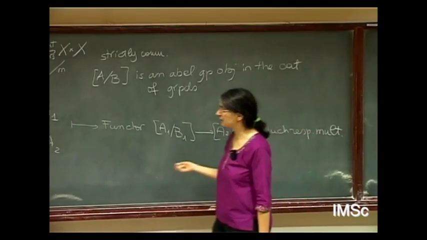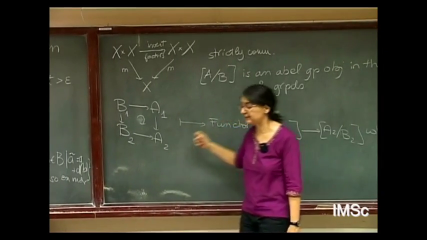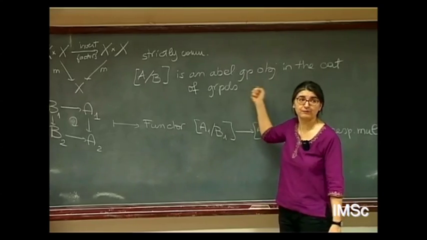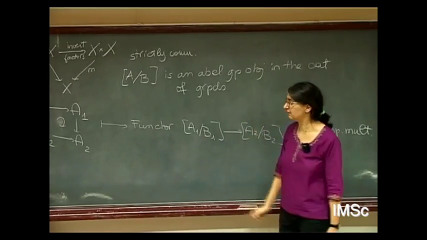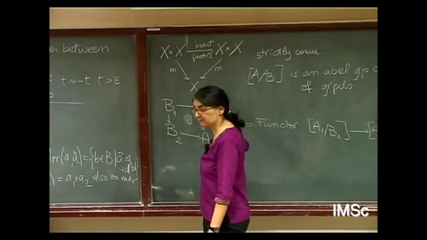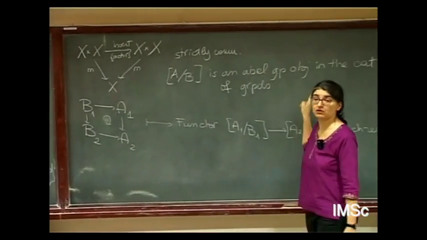So in other words, to a morphism in the category of complexes, you associate a morphism in the category of abelian groups inside groupoids.